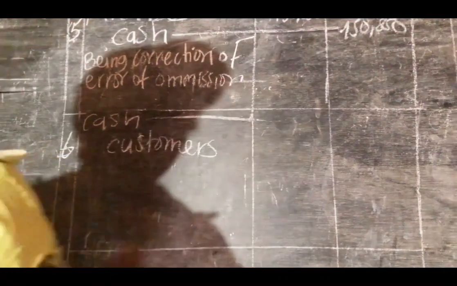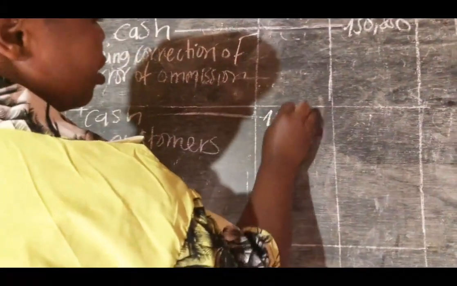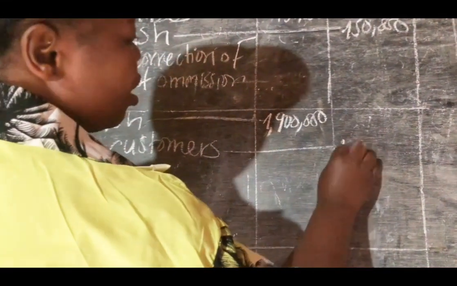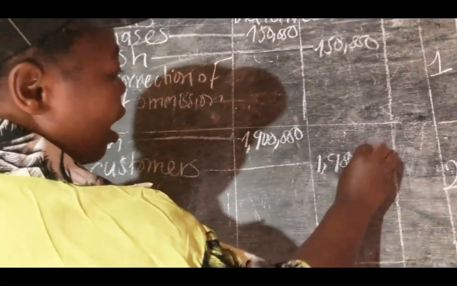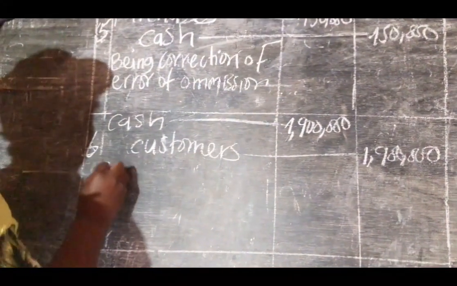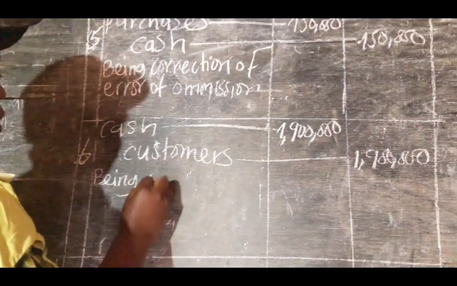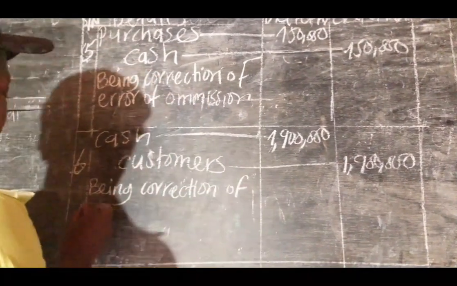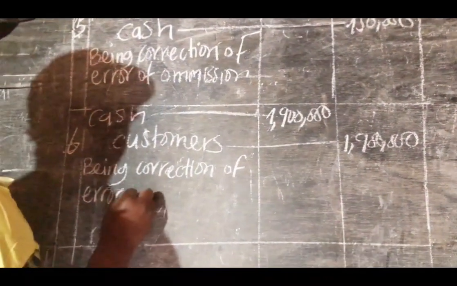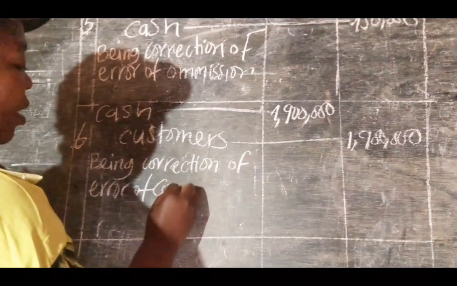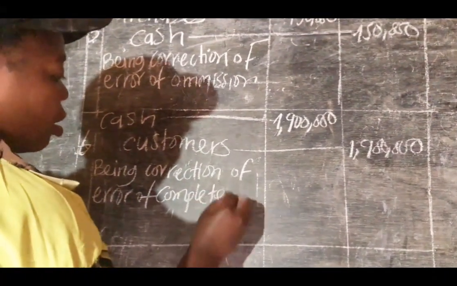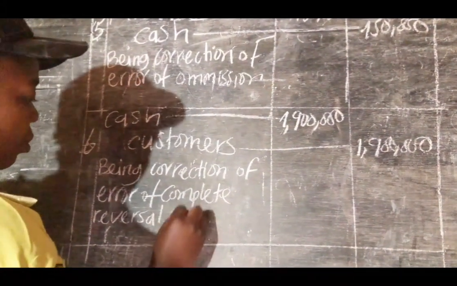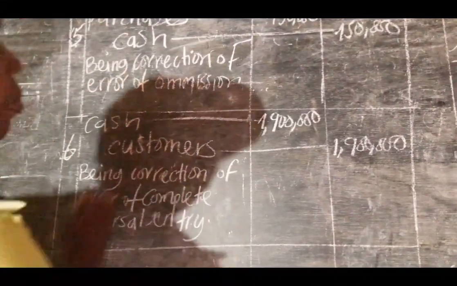So we debit here 1,900,000, and we credit here 1,900,000, and we narrate being correction of error of complete reversal entry.